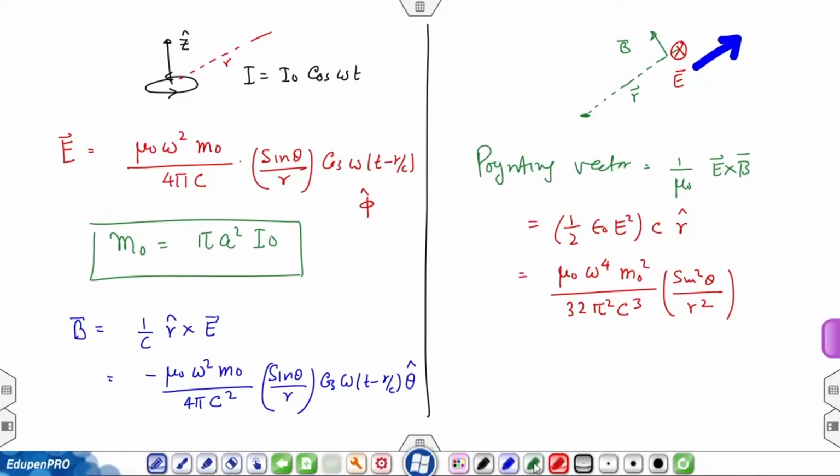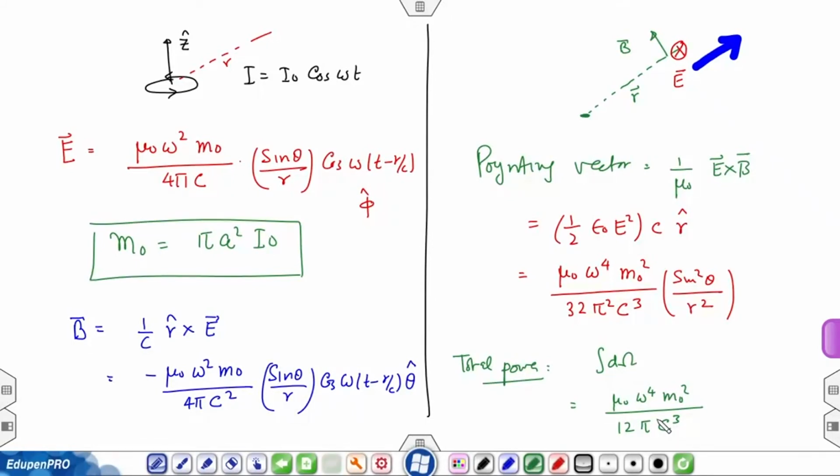And the total power will be the integral of this over d omega, and that comes out to be mu naught omega raised to 4 m 0 square over 12 pi c cubed.